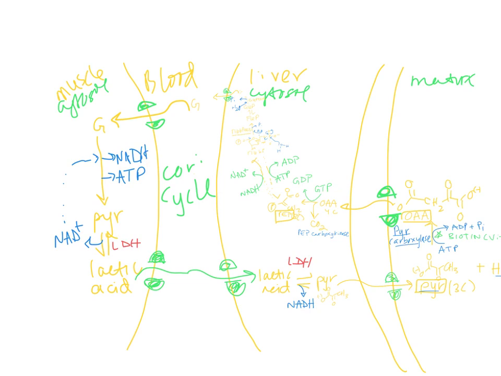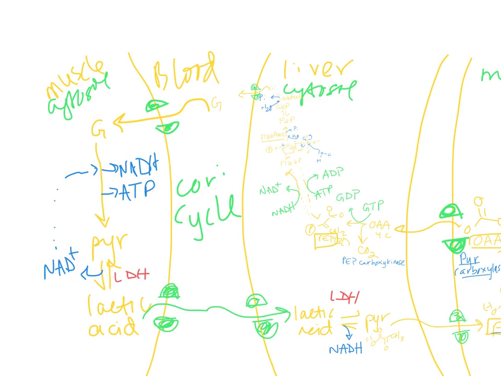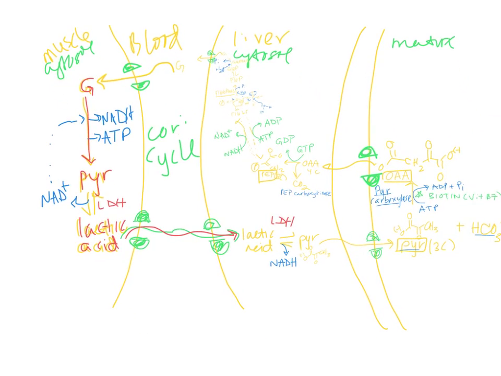but maybe I'll go with red here. I'll start with this glucose here. So the Cori cycle is basically glucose to pyruvate to lactic acid. And then lactic acid leaves and goes into a liver cell.